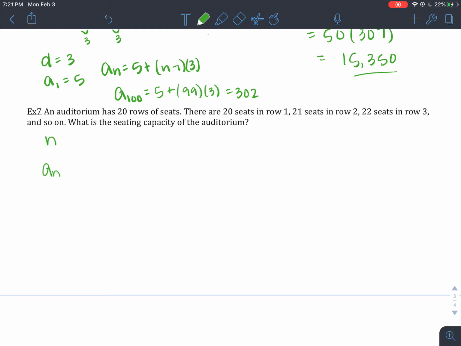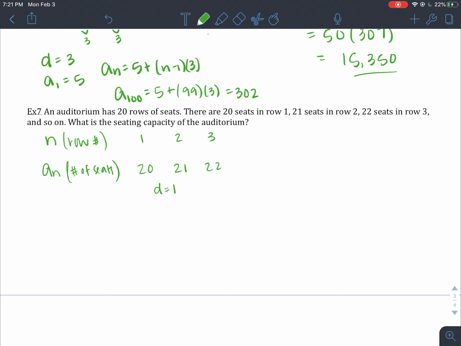Let's look at our n's and our a sub n's. Our n's are going to be the row number, and a sub n is going to be the number of seats in that row. So in our first row, we have 20 seats. Second row, 21. Third row, 22, and so on and so forth.